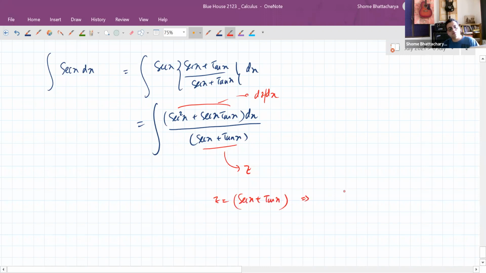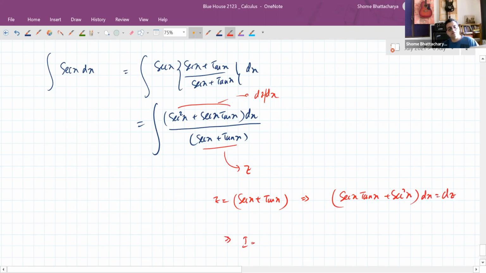Actually, if you differentiate, this will come in the reverse order. Differentiation of sec x is sec x tan x, and differentiation of tan x is sec square x. So this into dx will be dz.